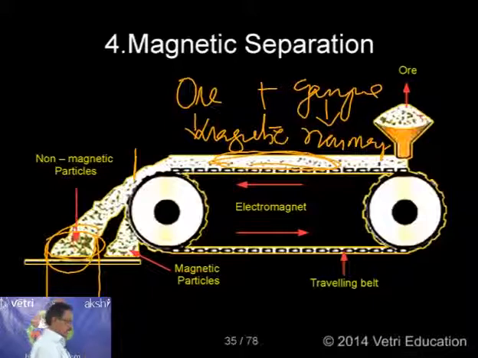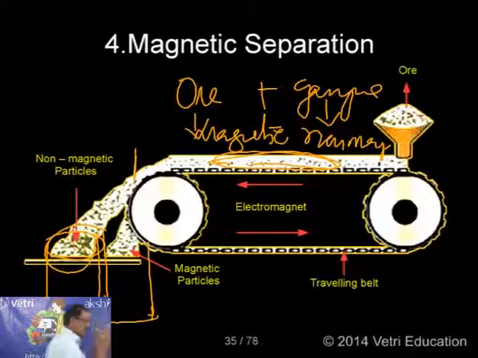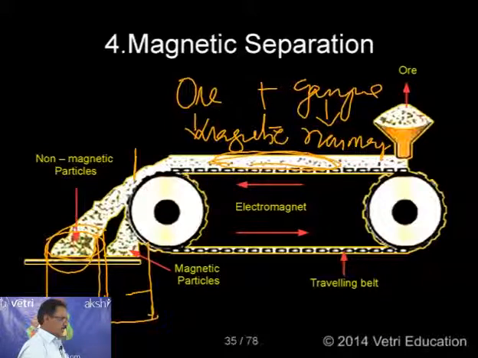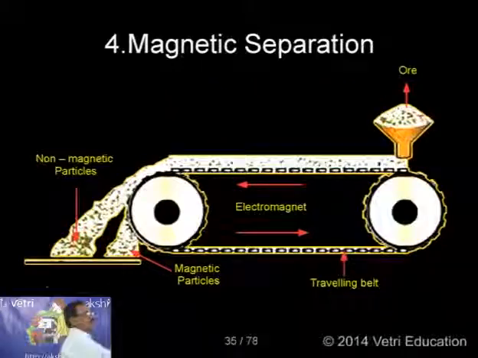You can collect it separately. And the magnetic material will stay on because it is under the control of the magnetic property. So it will not be thrown away; it will fall off slightly later. You can collect the non-magnetic material and the magnetic material separately. This is the interesting information. So this is how you can separate using magnetic separation.